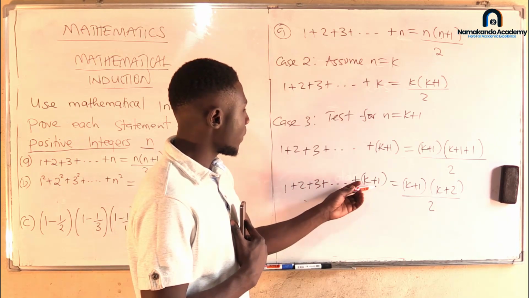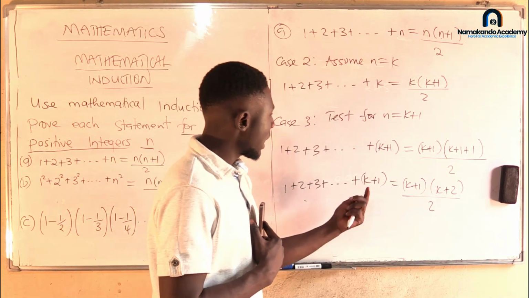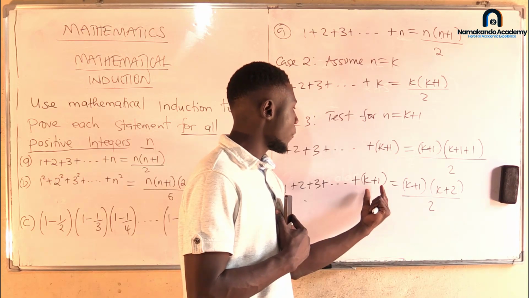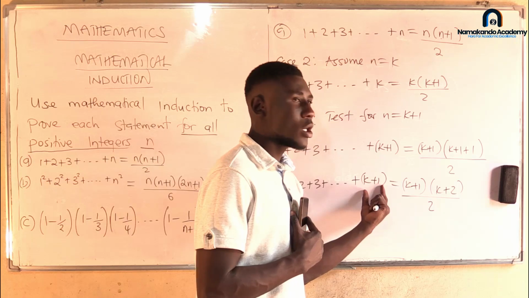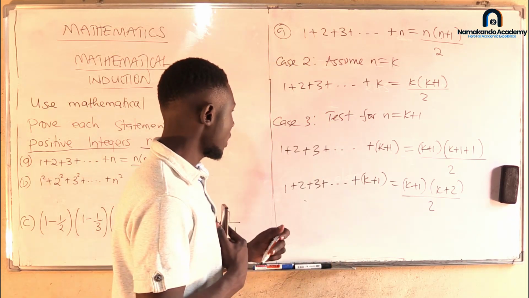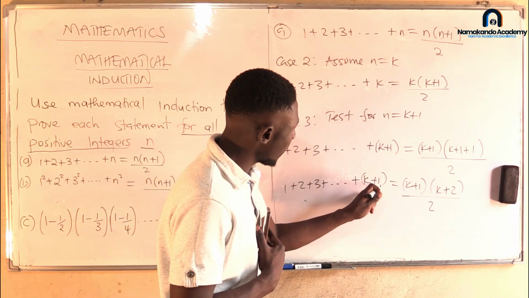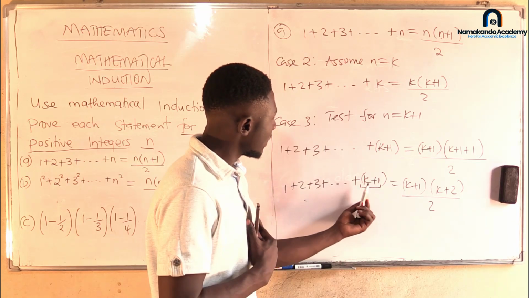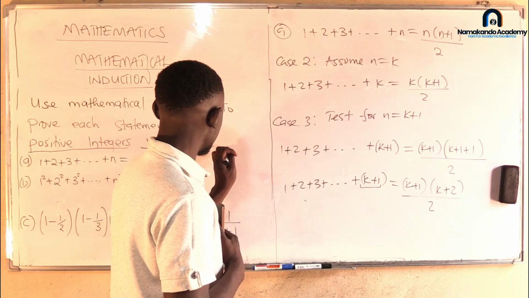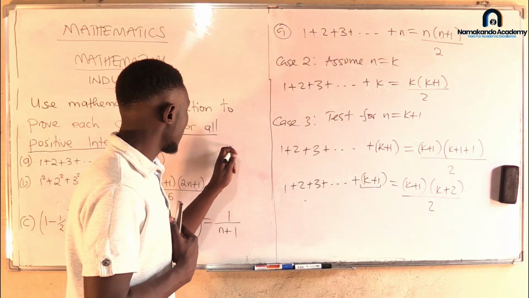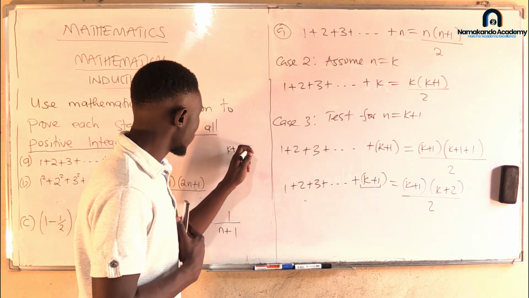The last part is k plus 1, which therefore means that the term which is just before this one is less than k plus 1 by 1. Meaning that if this is k plus 1, the term before k plus 1 will simply be obtained by saying k plus 1 minus 1.